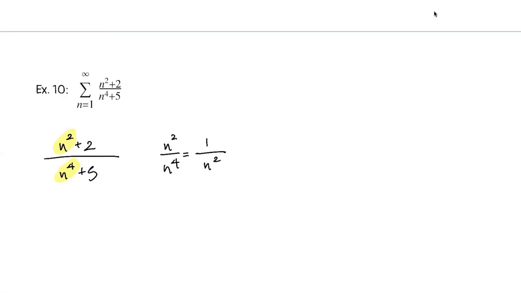So now, let's see which one we think might be bigger or smaller. What do we think? N squared over n to the fourth plus one plus is going to be smaller than the other.